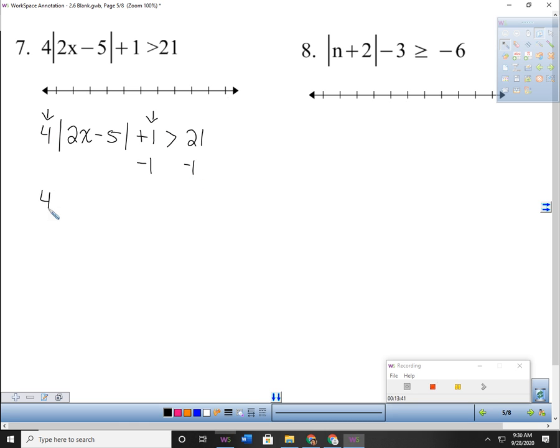So now I have 4 times the absolute value of 2x minus 5 is greater than, because these cancel, 20. Alright? Now, I'm going to go ahead and divide by 4, right?